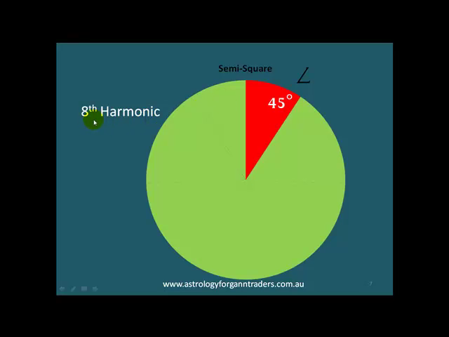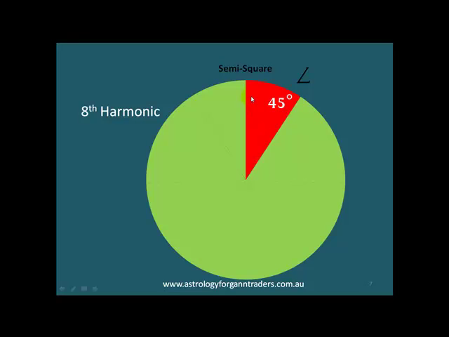One example is what we call harmonics. Harmonic is a word meaning that anytime you divide a circle, which is usually 360 degrees, by a certain harmonic, this one being the 8th harmonic, you get 45 degree segments when you divide it by 8.